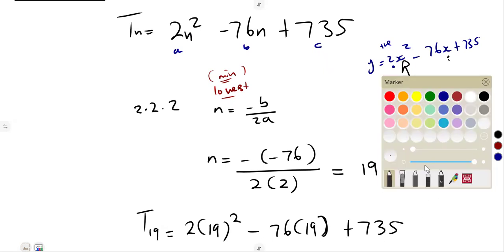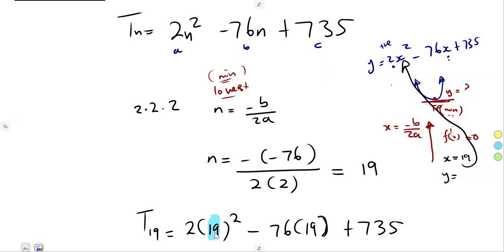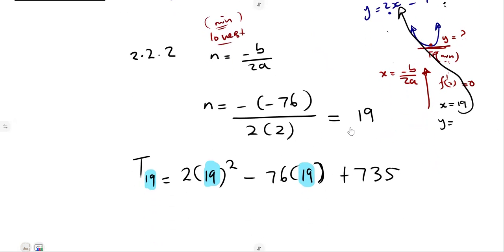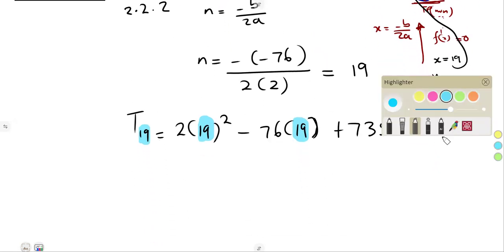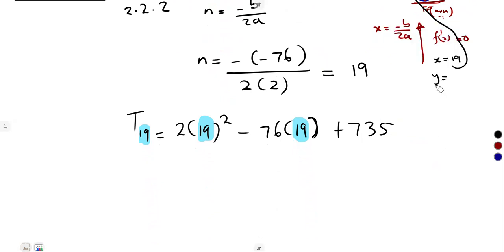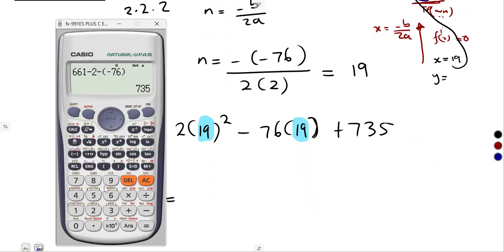So we have substituted the corresponding value of n into our formula from the 19 that we are given. So that is going to give us the corresponding minimum value, the corresponding lowest value of our given sequence.